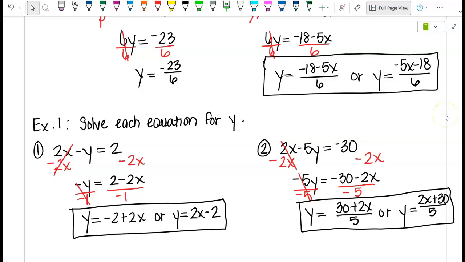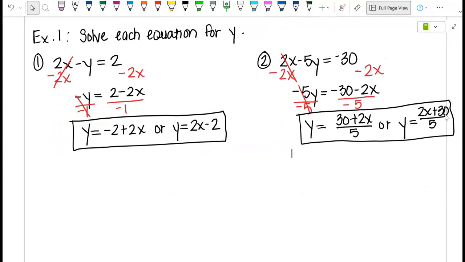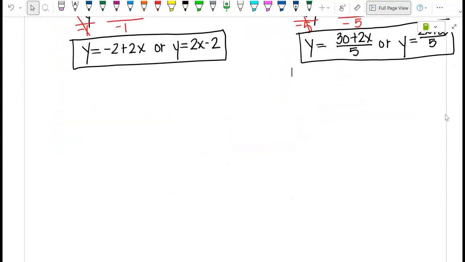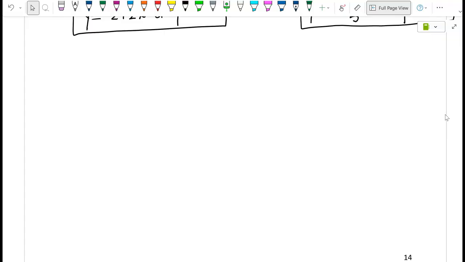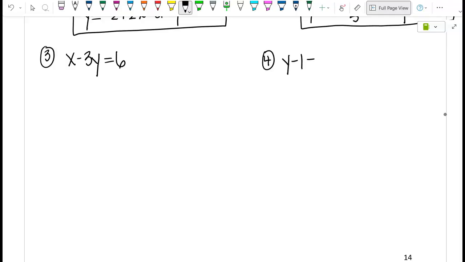a variable. Now I'm going to put up 4 more problems here and pause while you work out the 4, and then we will come back and check our answers. All right, so number 3, x minus 3y equals 6. Number 4, y minus 1 equals 2 times the quantity x plus 1.